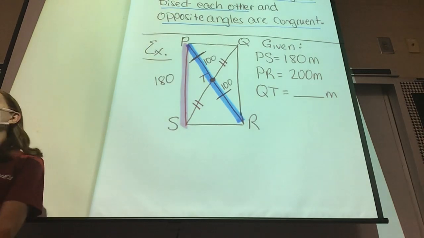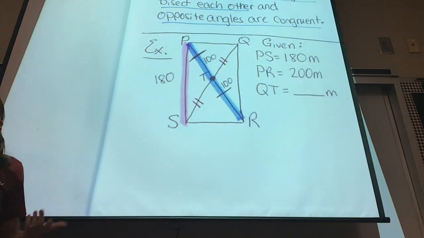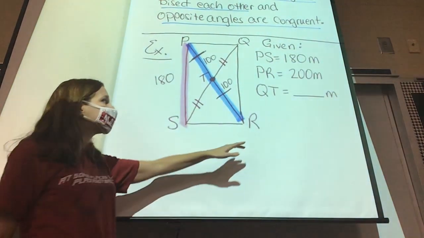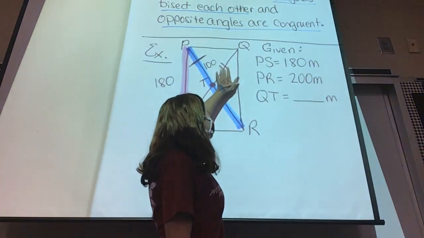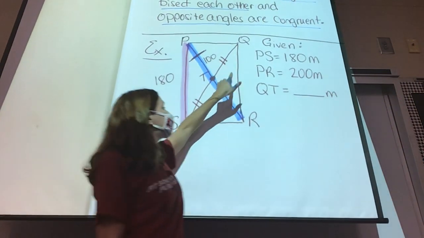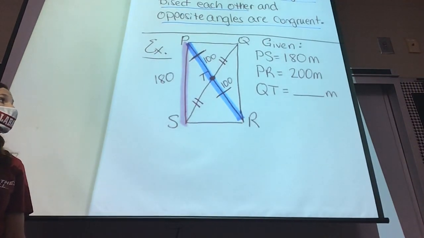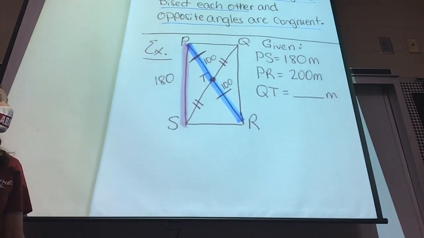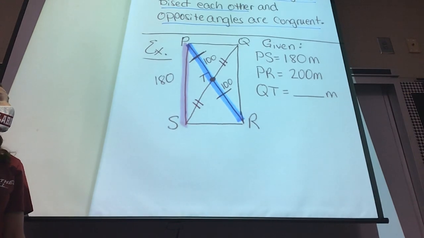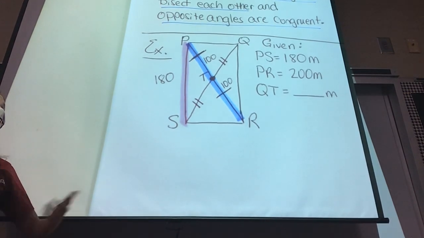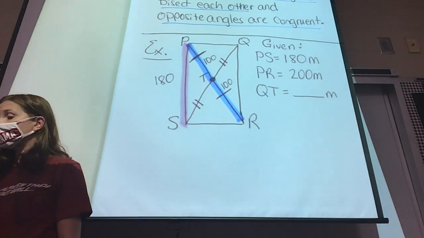So that's got to affect it, because that's the line that's got the information I need to find. QT is up here. So I know this QT is equal to whatever this one is. Now at this moment, really that's all I know.